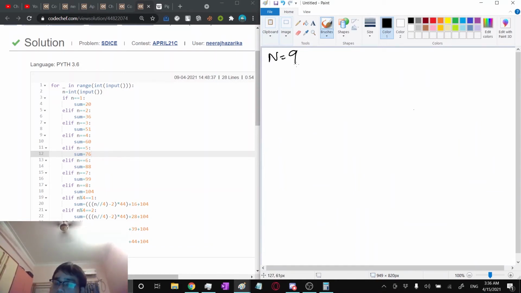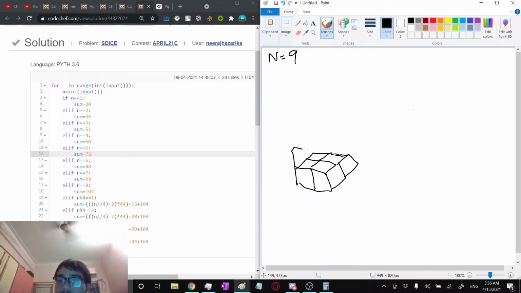Let's draw it out. First layer of die, second layer of die, there's already how much? 4, 4, 8, plus one more die at the top. Here we got 9 dice.